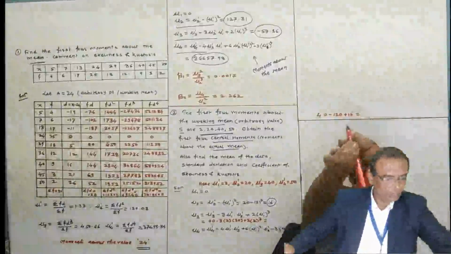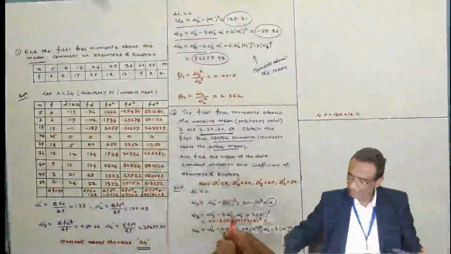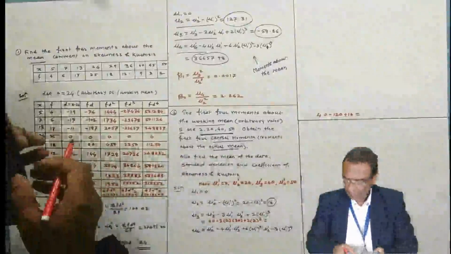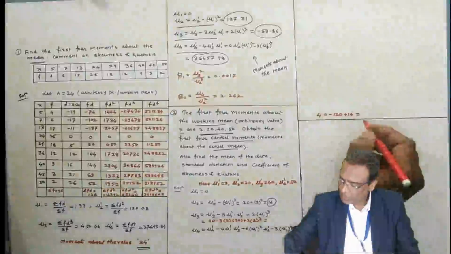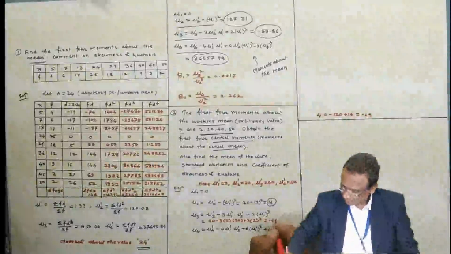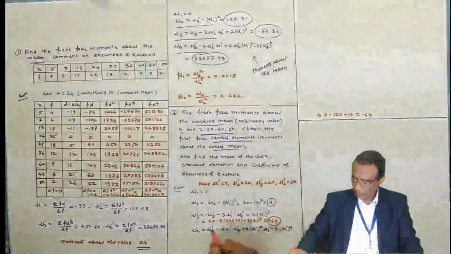So 40 plus 16 is 56, and minus 120, it is minus 64. Minus 64 is the third moment about the mean.